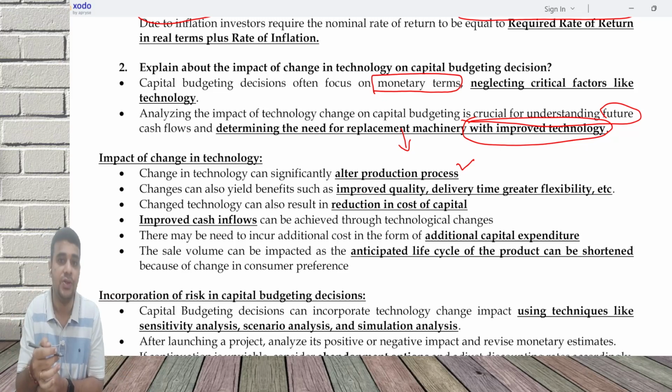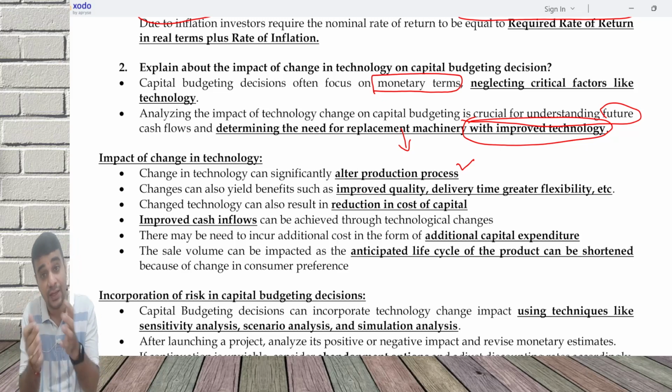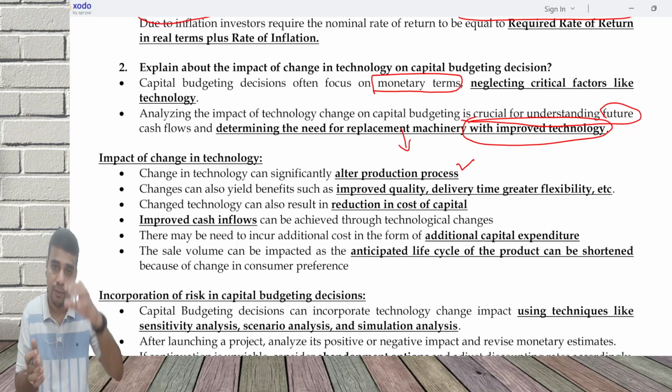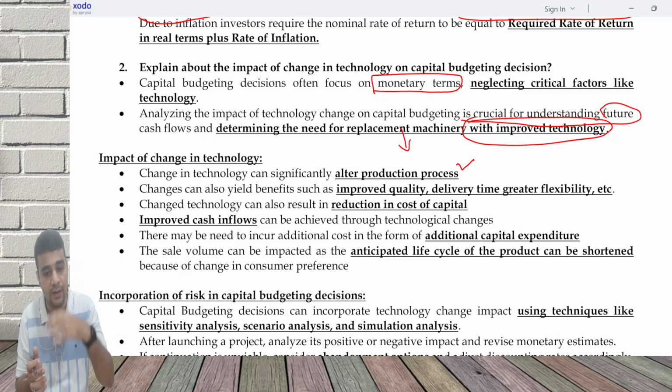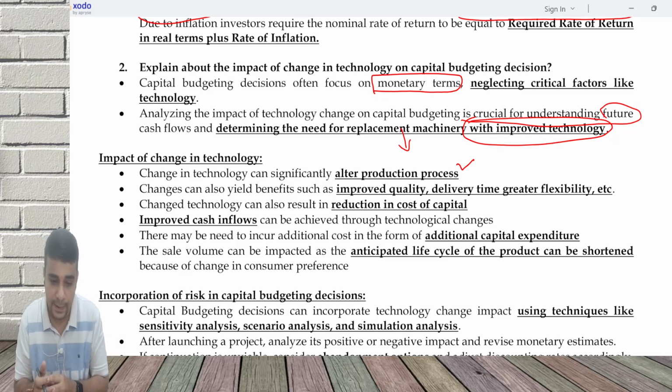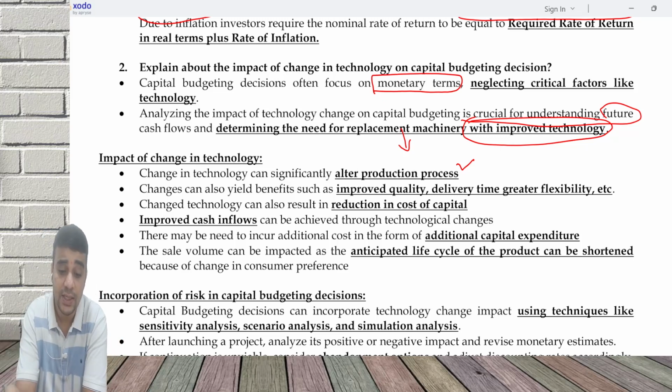People were writing journal, then ledger posting was done, then trial balance was prepared. But because of the technological changes, Tally as a software, the moment you record the journal, everything else is automatically taken care of. The changes can give you benefit like improved quality, improved delivery time, greater flexibility.